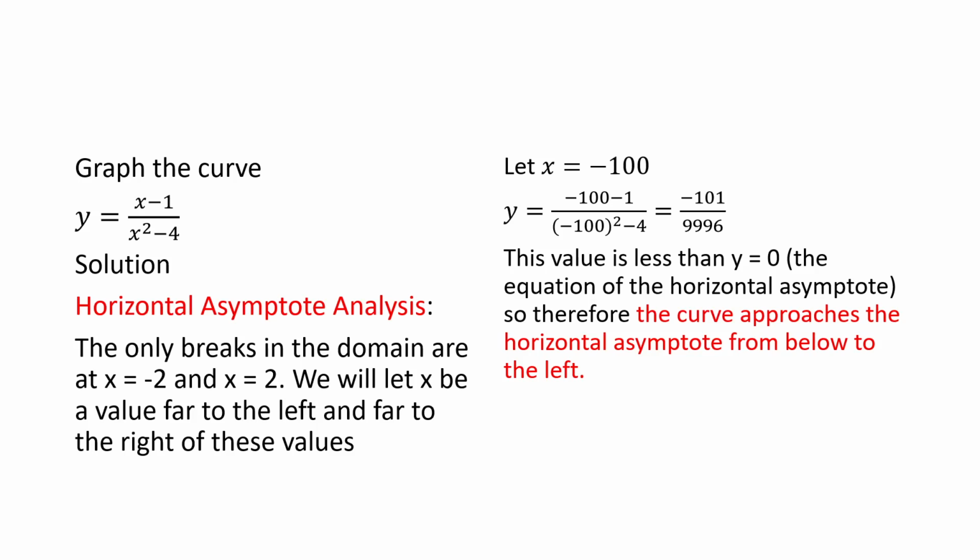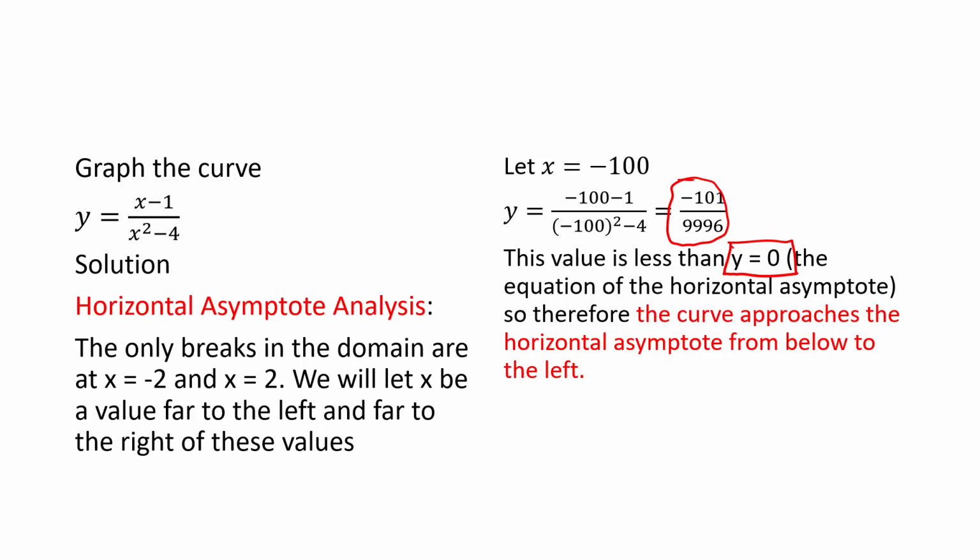Okay, now to do our horizontal asymptote analysis, we'll let x be to the far left. We'll use negative 100 in this case. Now, when we let x equal negative 100 and we plug it in, we get a value for y of negative 101 over 9,996. This is slightly less than y equals 0.